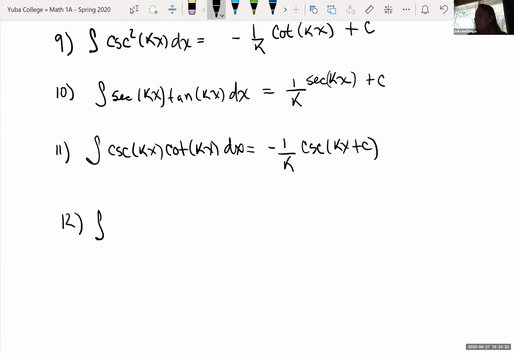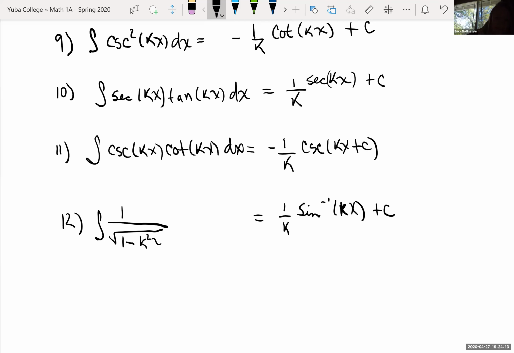If you were thinking about sine inverse of x, that one is the antiderivative of 1 over the square root of 1 minus k squared x squared dx.